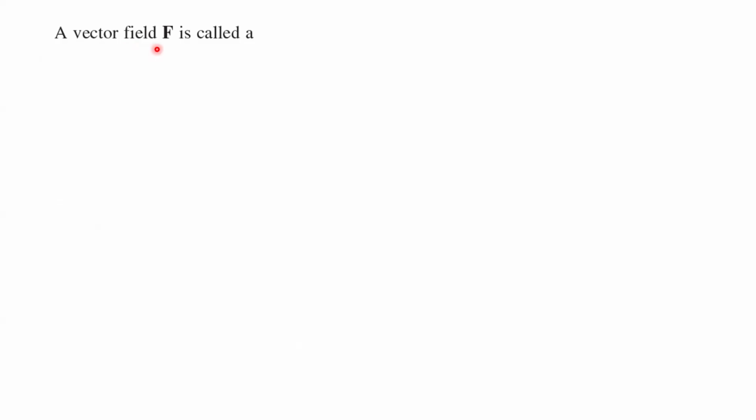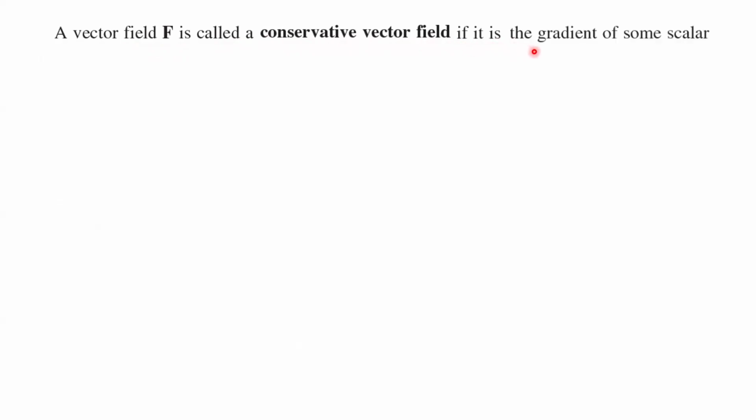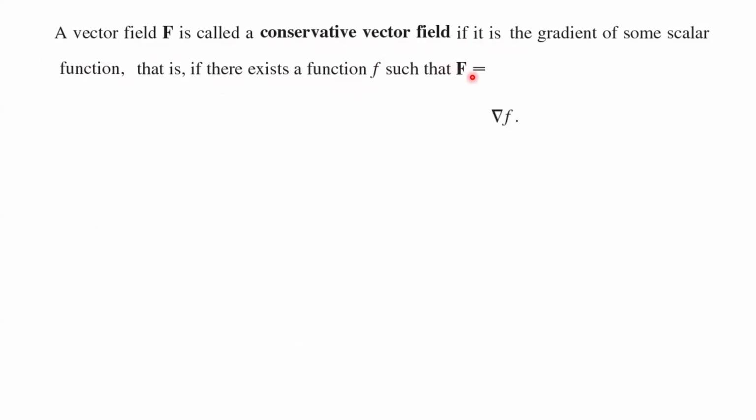A vector field like F is called a conservative vector field if it is the gradient of some scalar function. It means that if there exists a scalar function, like f, such that your vector field or vector function is equal to the gradient of the scalar function.